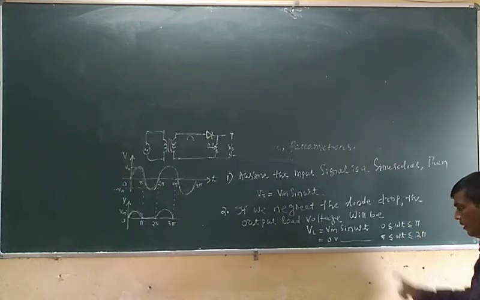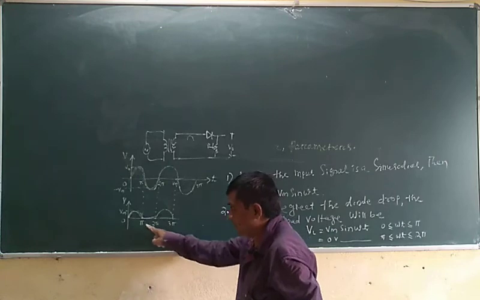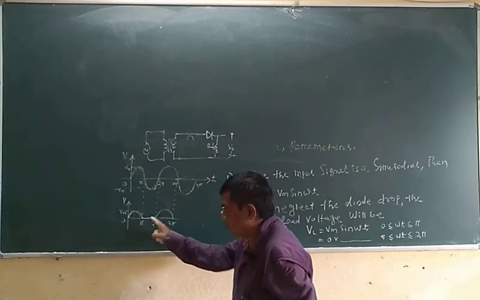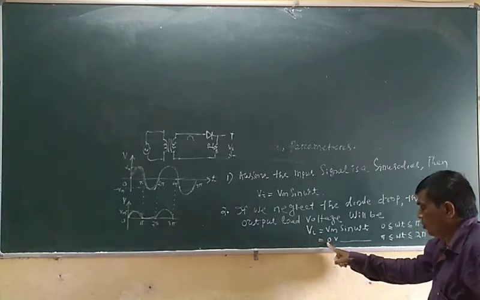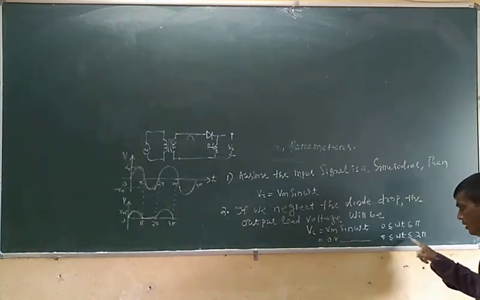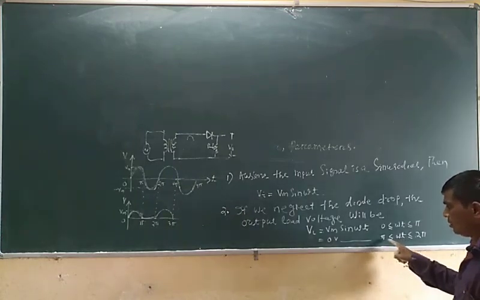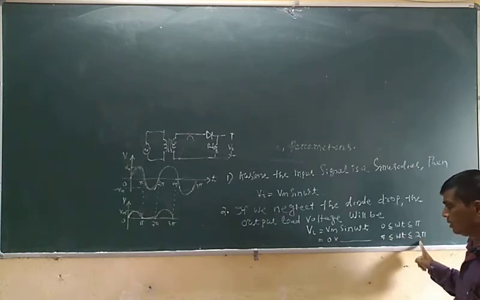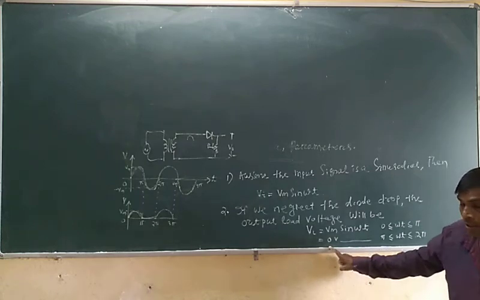So during pi to 2 pi there is no signal, the voltage is 0. In this case the output voltage will be 0.